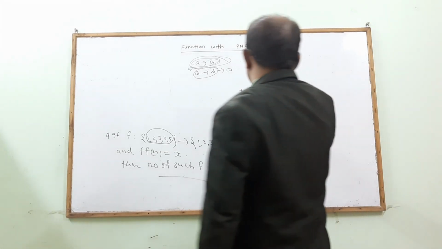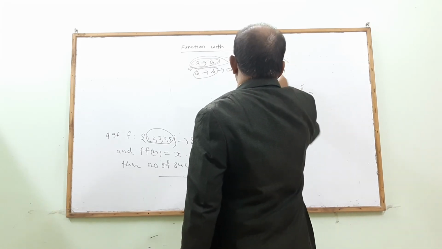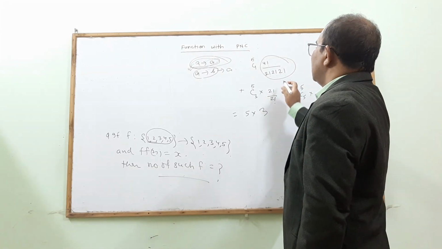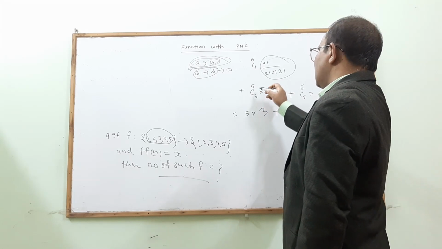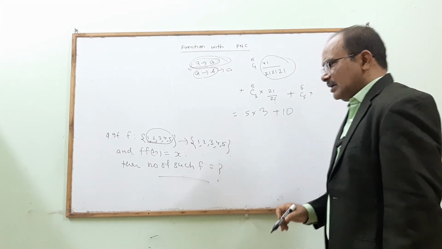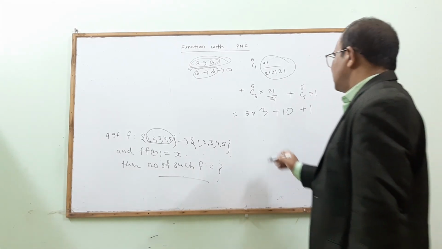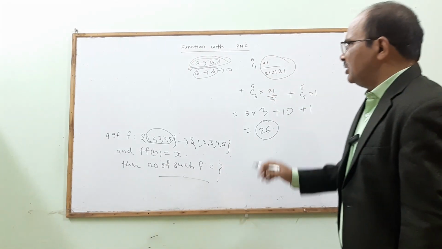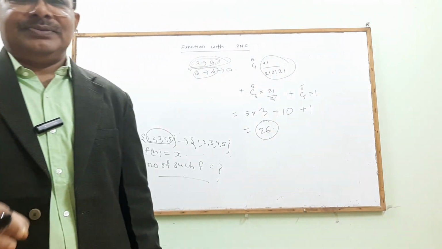Total value will be 5 into 3, and 5 into 5C2, that is 10, and this is equal to 26, means the number of such type of functions is 26.